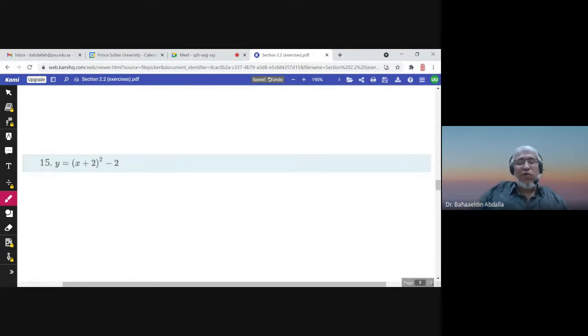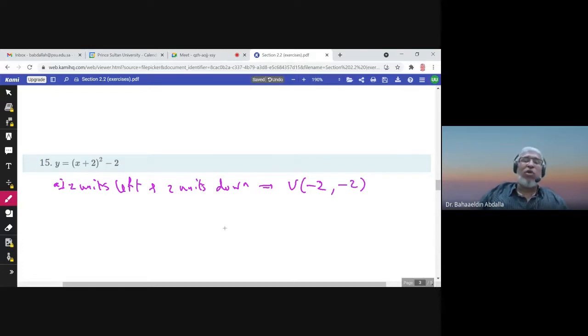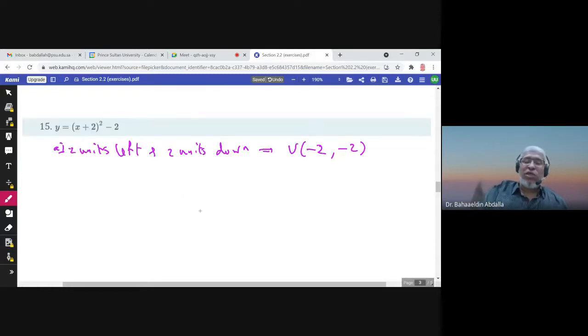Okay, here. Well, 2 units left and 2 units down. So what would be the new vertex? 2 units left, it would be negative 2. 2 units down, it would be also negative 2 when you take it 2 units down.